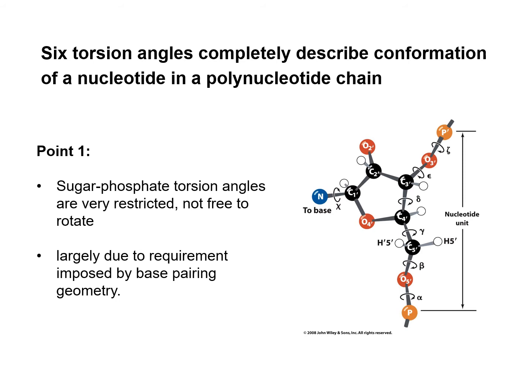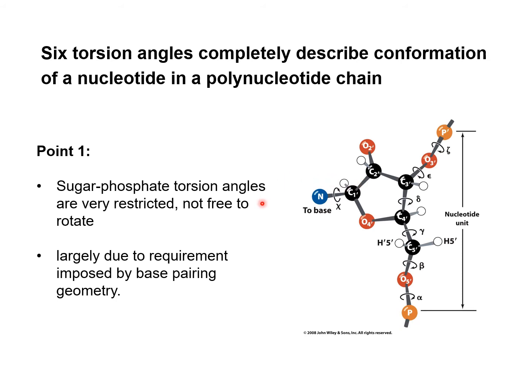And there are several points that I want you to remember and keep in mind, especially for better understanding the structure of the DNA double helix, as well as how the base pairs are structured and located in there. First one is that the sugar-phosphate torsion angles are very restricted, and they're not so free to rotate. And you can easily imagine that, because the double helix of the DNA is quite stable, and also keeps the same size for the major and minor grooves and so on.